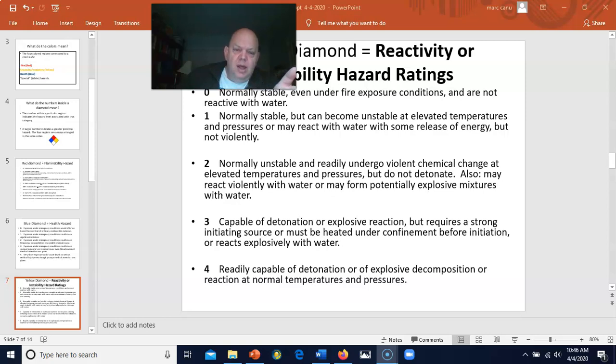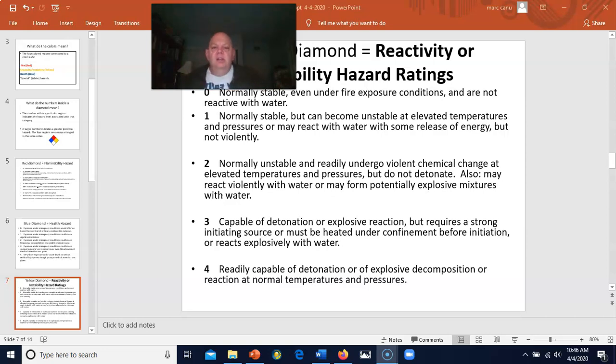By giving carbon dioxide, you are starving the fire of the O2 that it needs. So level 2, normally unstable and readily undergo violent chemical change at elevated temperatures and pressures, but do not detonate. Phew, okay, it's not detonating. Now detonate means to blow up. Kaboom.